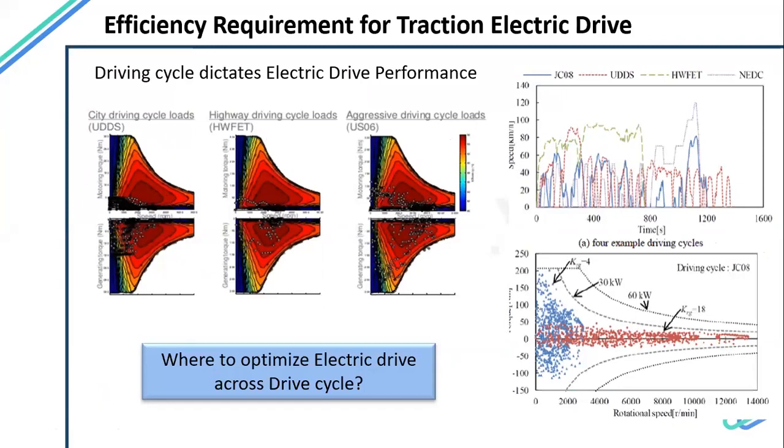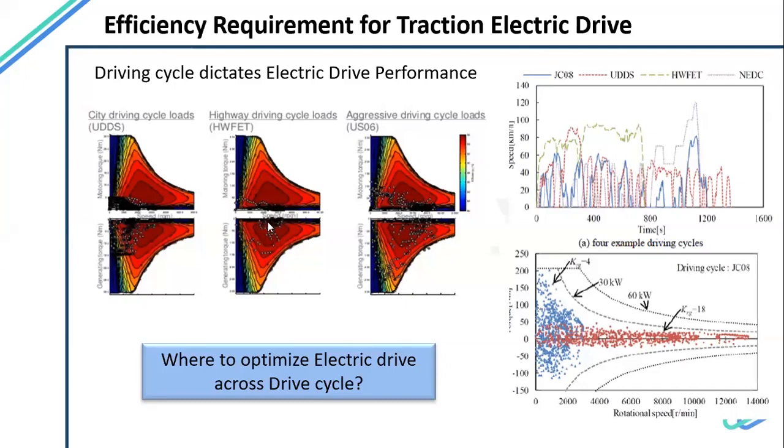These different cycles demand different torque and speed curves, and their operation frequency, which we call a heat map, shows where the vehicle will mostly be operating in those different cycles, and that becomes the input for designing the electric drive.